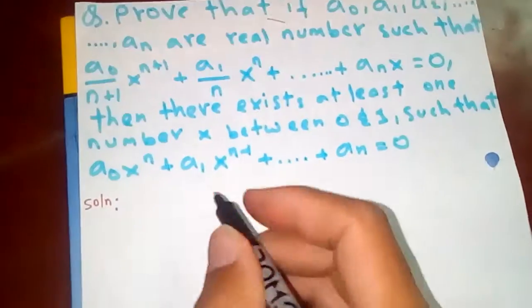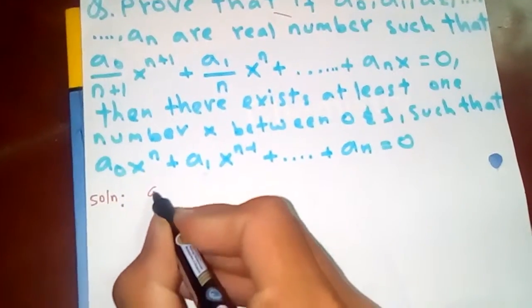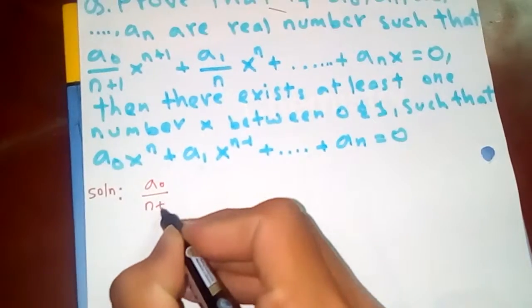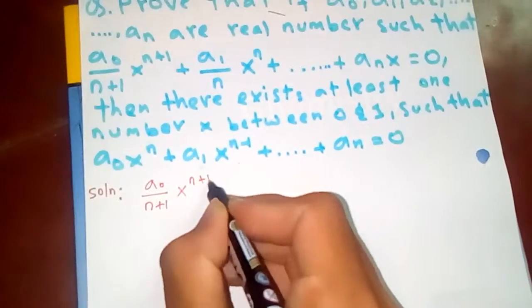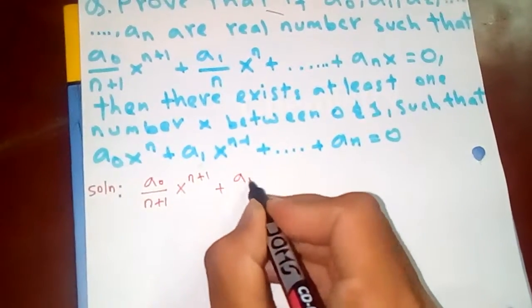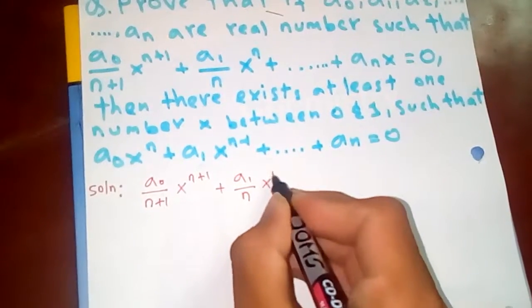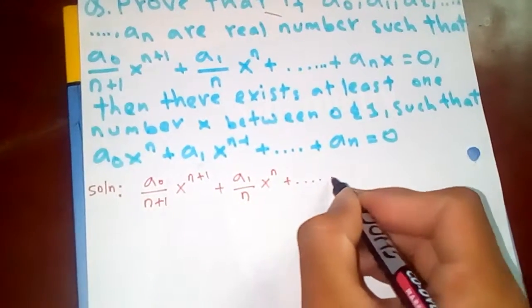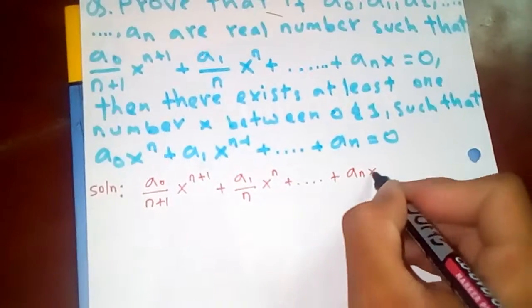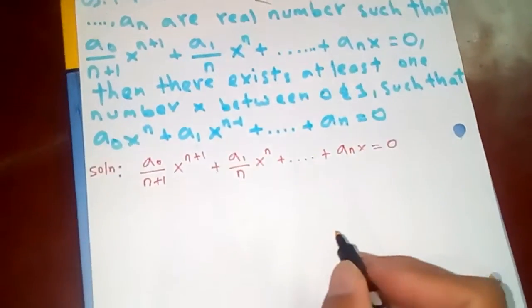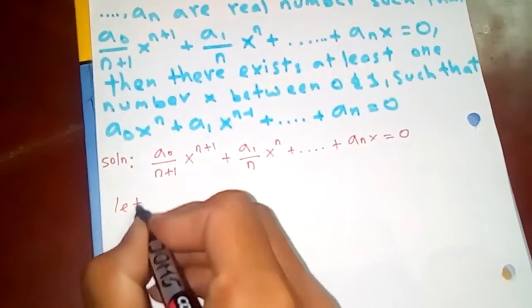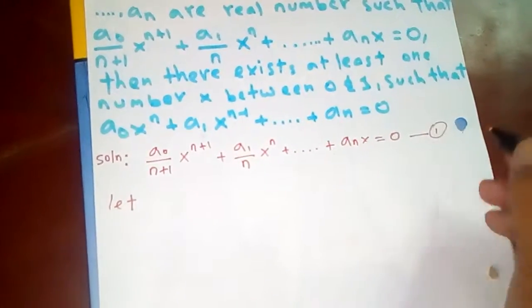Okay, let's rewrite our equation. a0 over n plus 1 x to the n plus 1 plus a1 over n x to the n plus and so on plus an x is equal to 0. Let's call this equation 1.